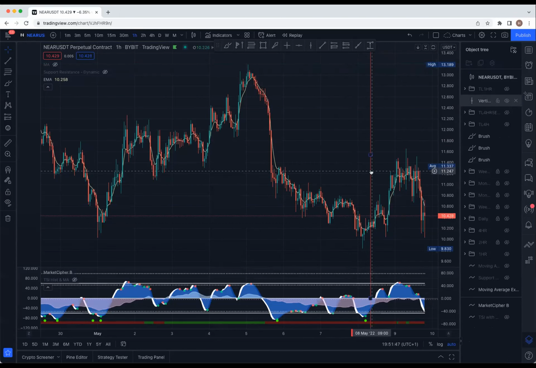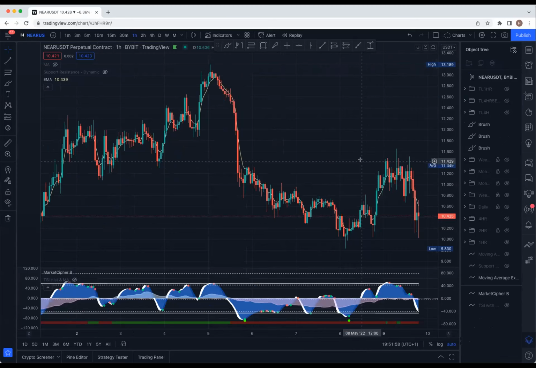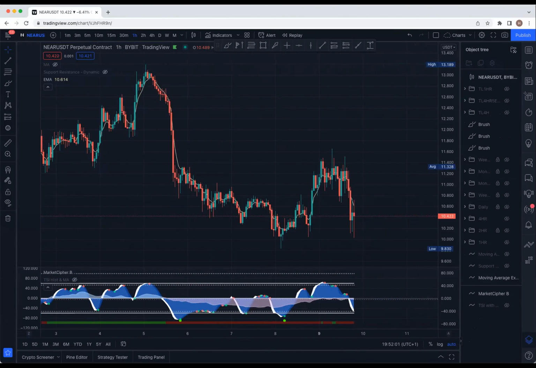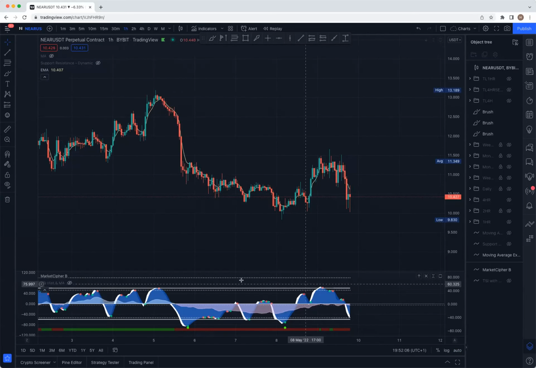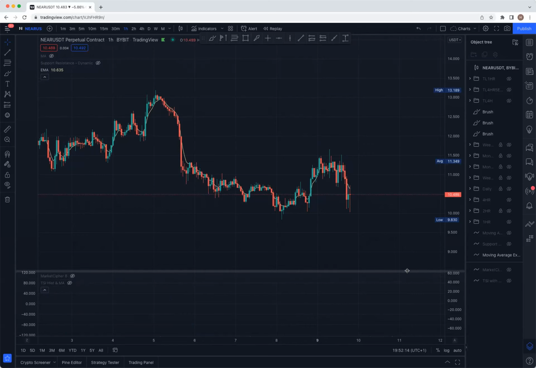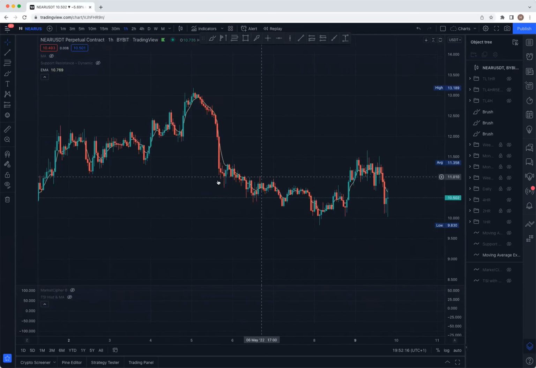All right, let me bring this in such a way that you can see it. Let's hide Market Cipher. You can all see my screen, can you? I want to tidy the screen nicely so that we can all be on the right page.